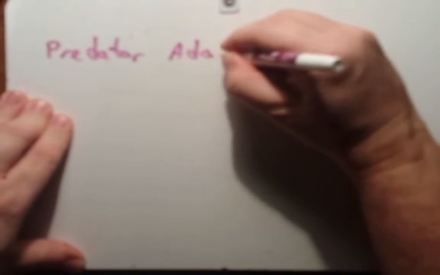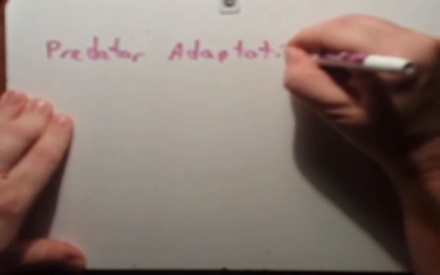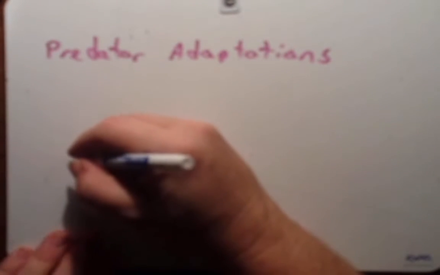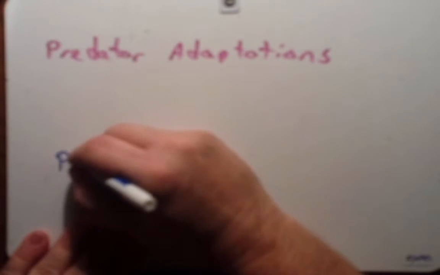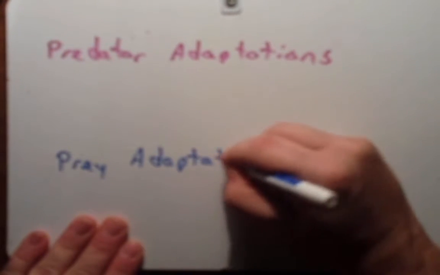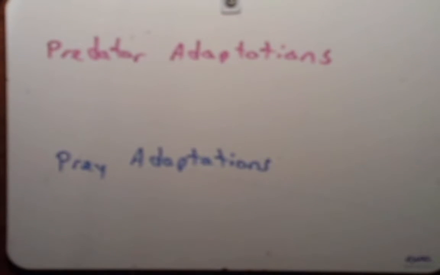Next, let's talk about predator adaptations. And prey adaptations. So we can see how both of these are going to be useful during evolution, during natural selection.